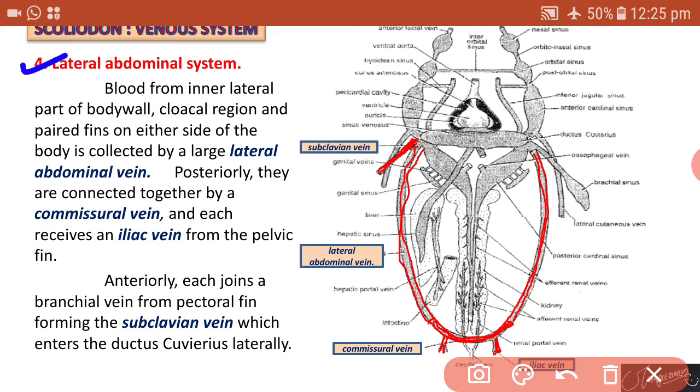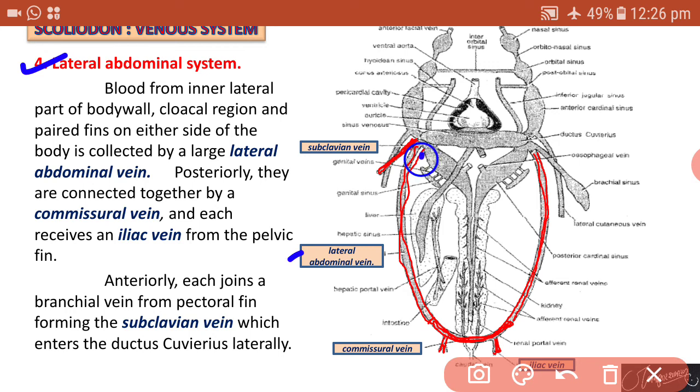The blood from this part is collected by the lateral abdominal veins, forming a system called the lateral abdominal system. There are some major veins related to this part which collect blood from the lateral portion. In that, one pair of blood vessels is called the lateral abdominal vein.